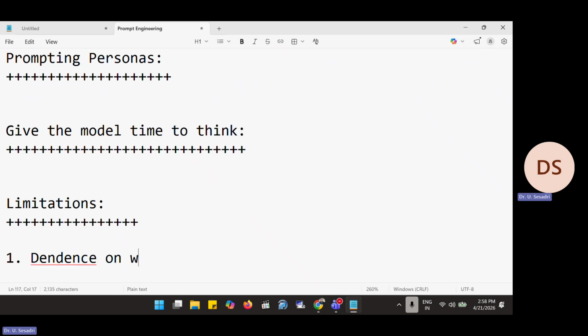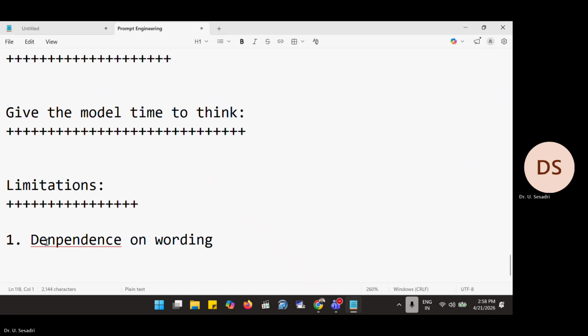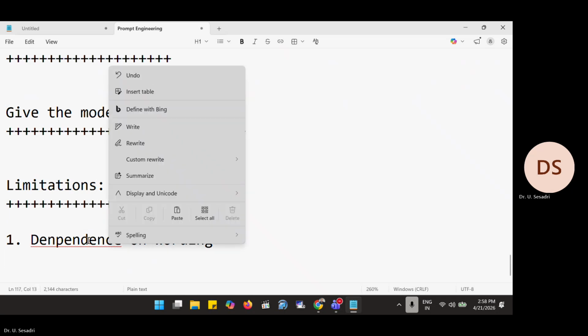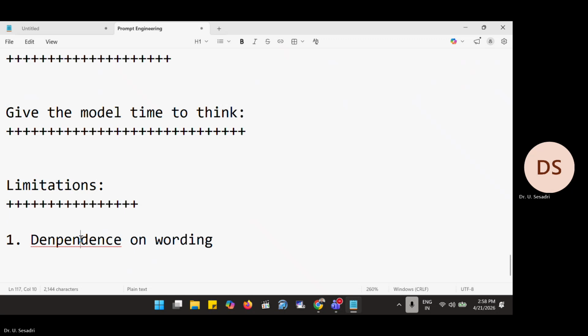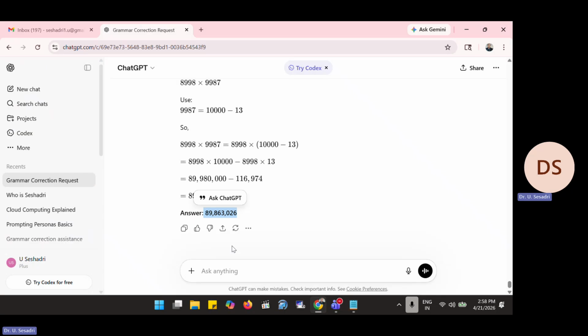How we are using the words, accordingly it is working. Dependence on wording. And the second limitation is, suppose I can give the prompt "explain AI".